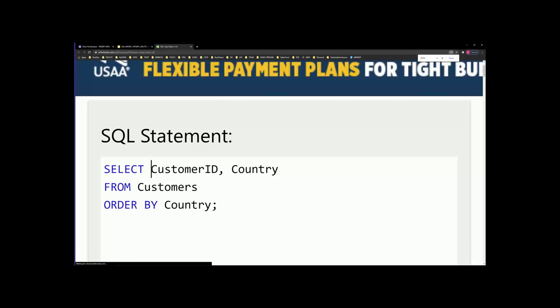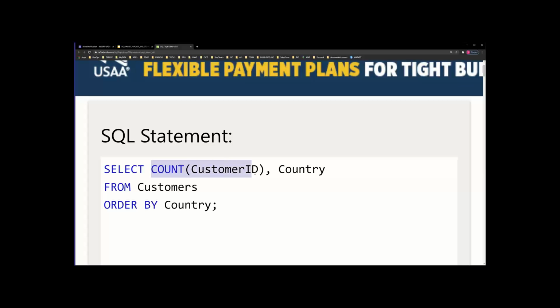So count customer ID. If I just say count and put this customer ID in the parentheses, now it's not going to display the customer ID, but it's going to display the count of customer IDs.